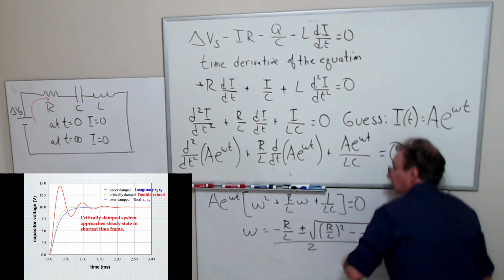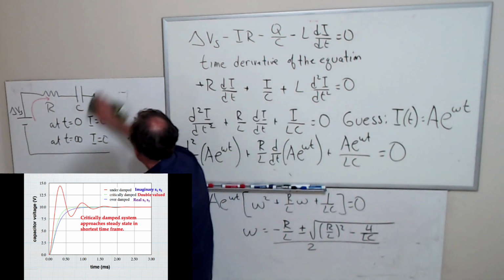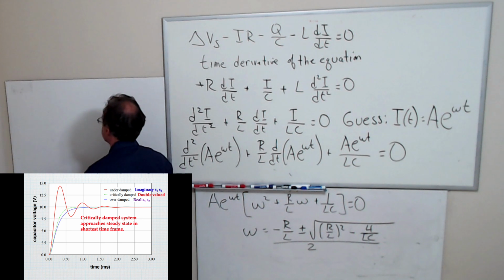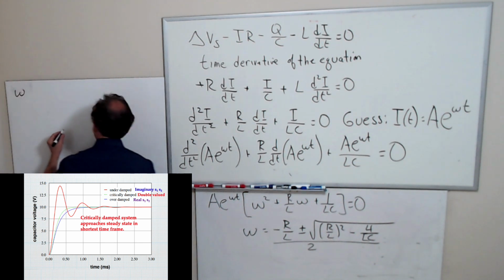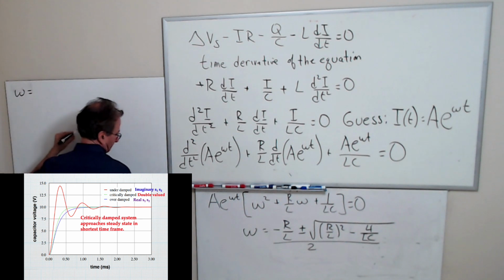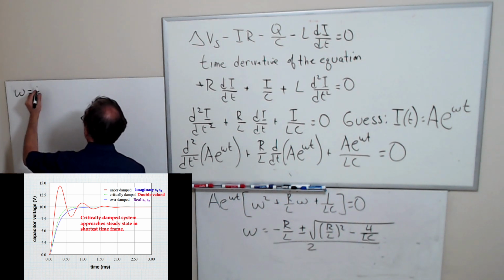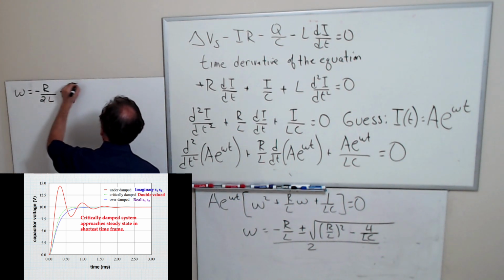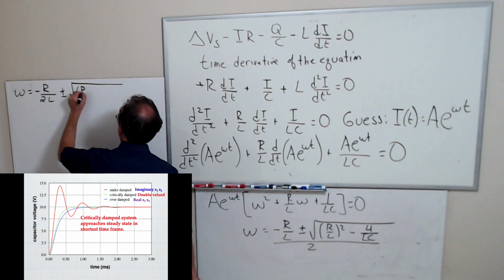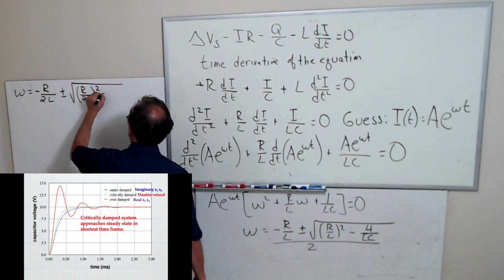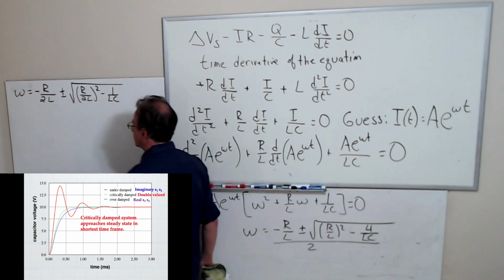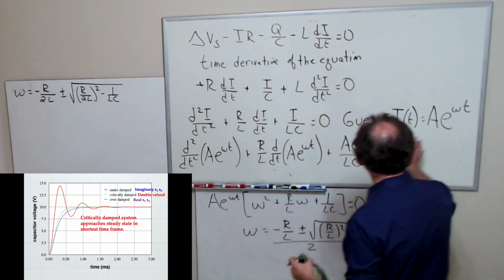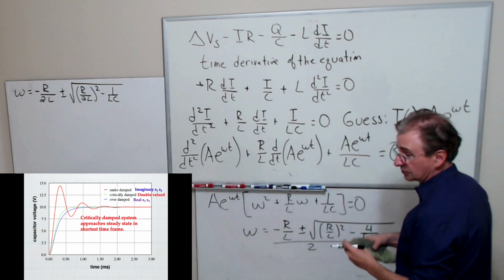Okay, I'm going to factor out the 4 and rewrite over here. Since there are 2 values of omega that come out of this, I have to rewrite my solution so that it contains both values of omega.